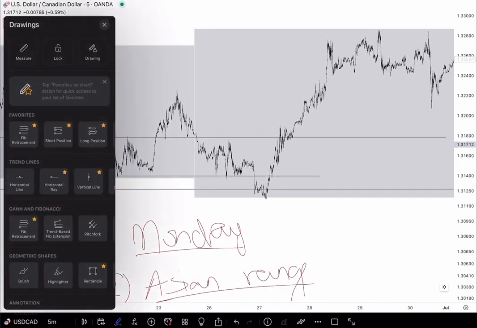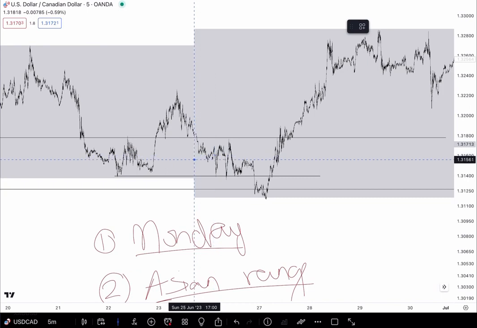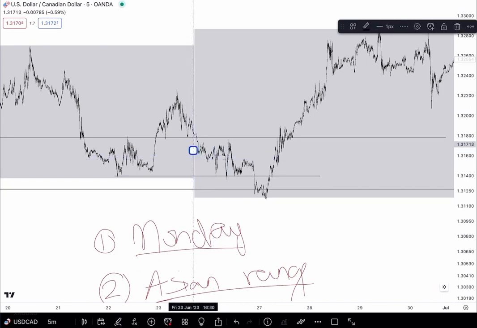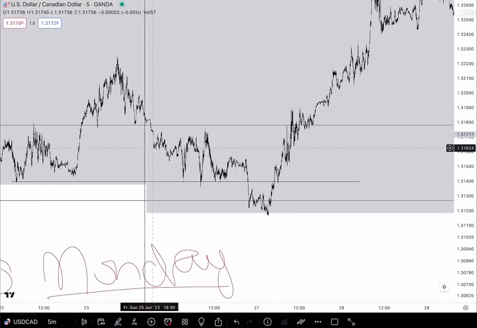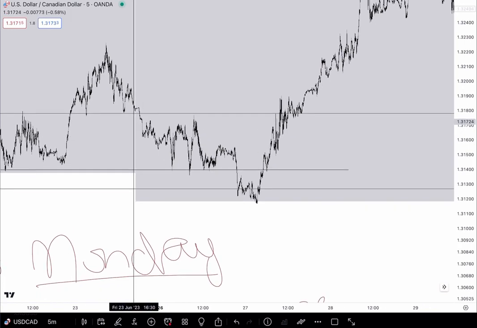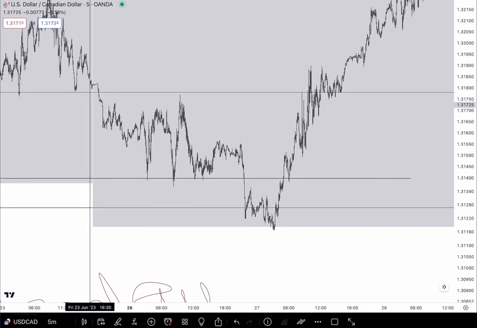Week opens. Normally we expect Monday's range to play out. We don't play on Monday. Monday range plays out. Below the weekly open, we're expecting a range to form and a change in the state of delivery through an order block or a breaker, right? Below the opening price.